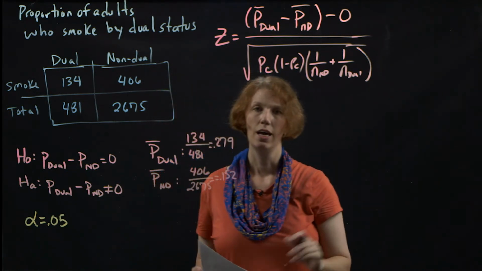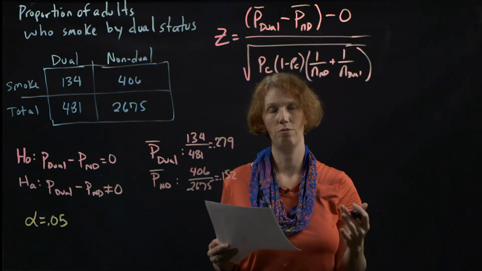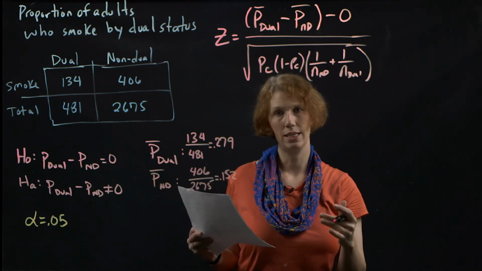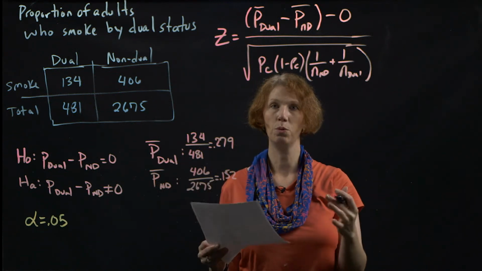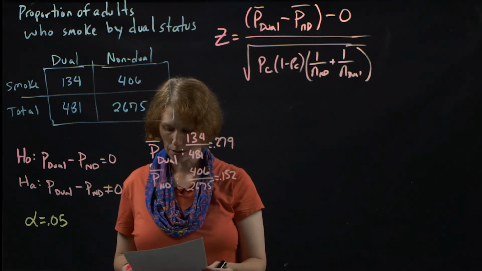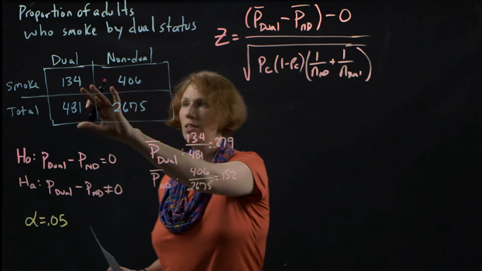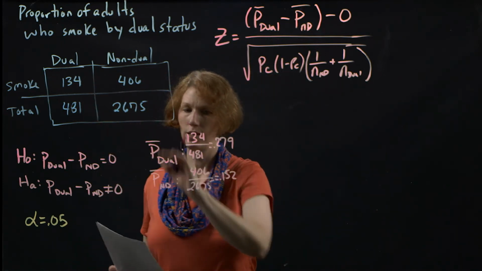0.152. Now, the third piece of this, which is a little bit of a twist relative to other things we've done, is this P sub C, or combined or pooled proportion that we need to construct. Specifically, we can construct it by essentially adding up these two divided by these two.